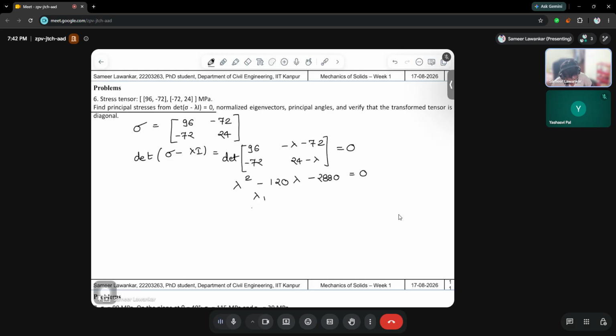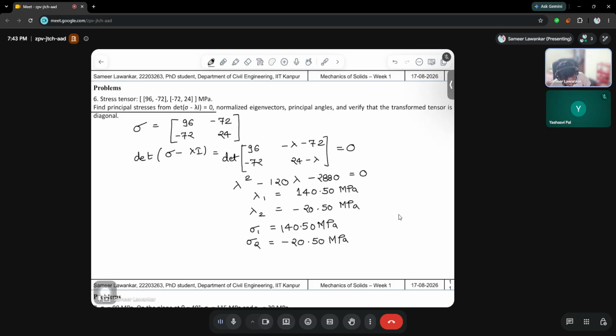Solving this quadratic equation, you will get two different values, 140.50 and minus 20.50. These two different values, or eigenvalues, are basically your sigma 1 and sigma 2. So sigma 1 is basically 140.50 and sigma 2 is basically minus 20.50. This is the first concept.